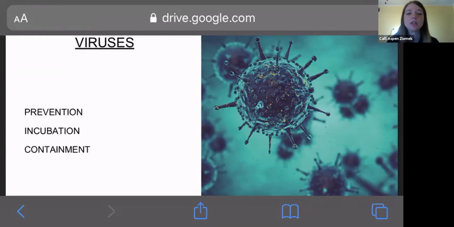There's not really a way to cure viruses. Generally, you just prevent them and try to contain them. That's why they don't really give you anything if you have those 3-day colds or whatever. All the medications that you're taking are to deal with the symptoms.